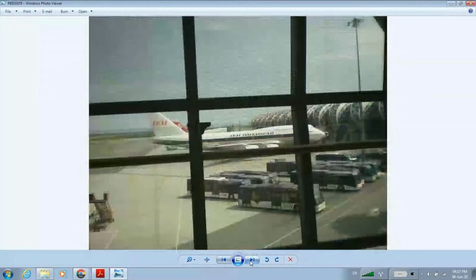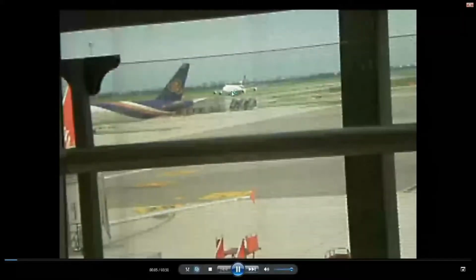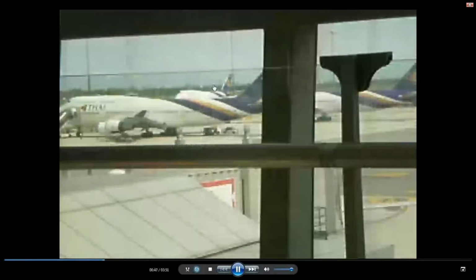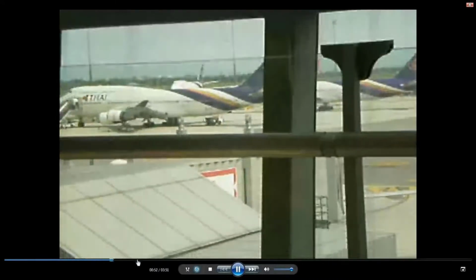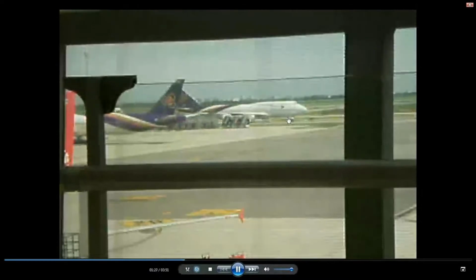And if you see the video, here the aeroplane is coming to the airport. You can see.